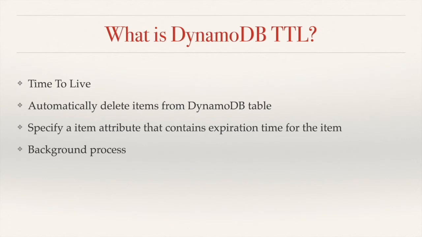It is a background process and you do not need to write any manual script or run that script on any specific schedule. It is an automatic process and it happens in the background. You just have to enable TTL and set that expiration time and it automatically works.